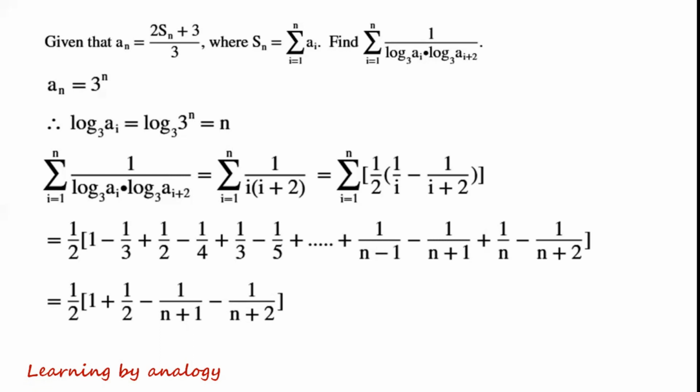So we can write a half times (1 plus a half minus 1 over n plus 1 minus 1 over n plus 2). Simplifying this, we have 3/4 minus (2n plus 3) over 2 times (n plus 1) times (n plus 2).